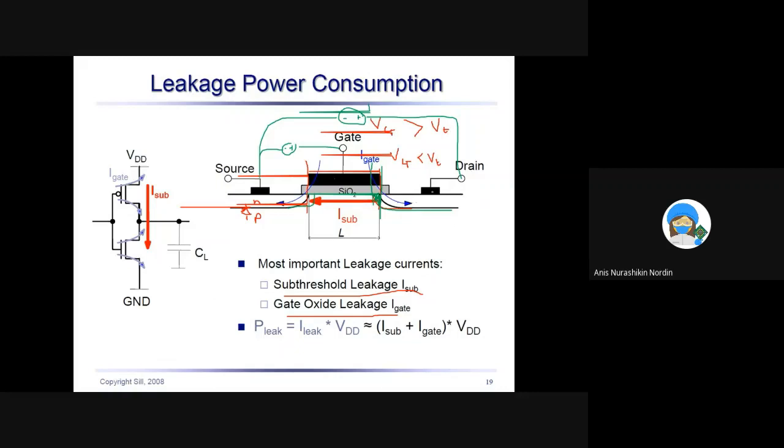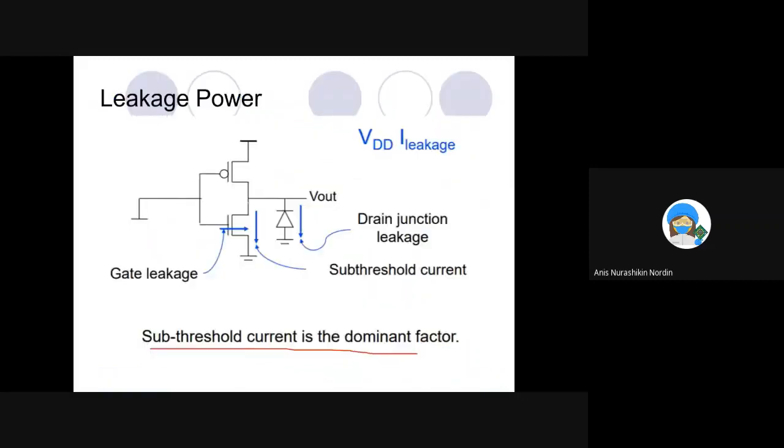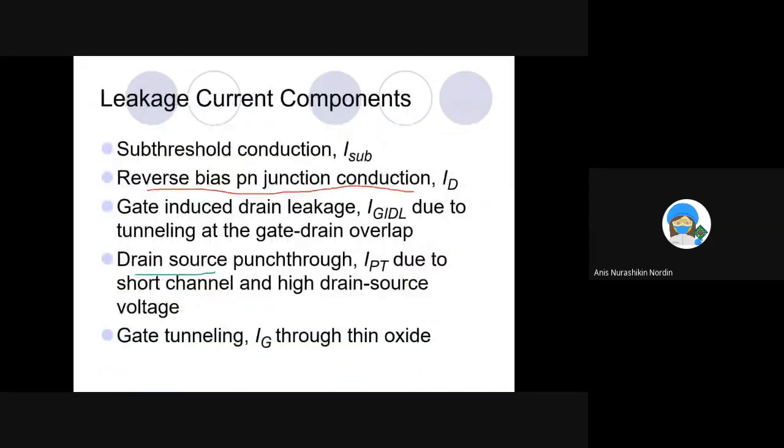Because of the presence of this voltage, this is what gives the energy for the electrons to move through, even though there is no real channel, right? You apply a drain-source voltage, it is not yet higher than the threshold, but the electrons still have enough energy to move from the drain to the source. And the final one is the gate tunneling, that is the gate through the thin oxide.